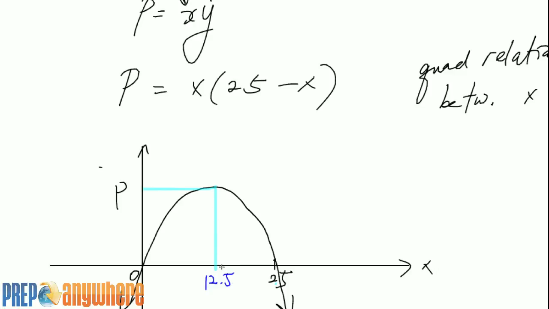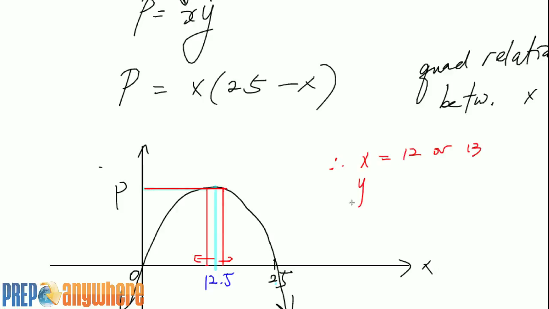The further I go away from 12.5, do you see that I'm going to go lower on the y value, which means a lower product. So the best number I can pick is 13 or 12. Does that make sense? They give you the exact same height and it's slightly lower than the highest product. So therefore x can be either 12 or 13.